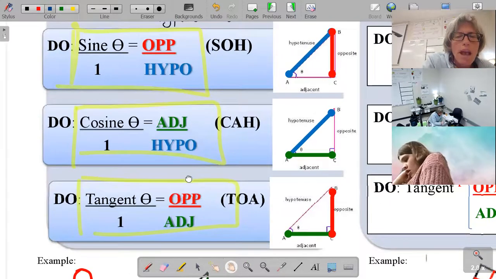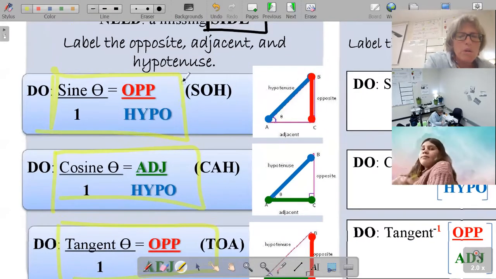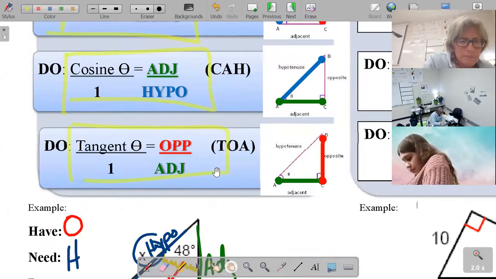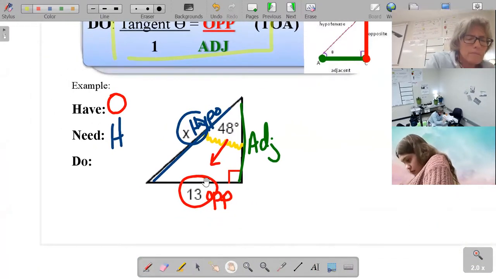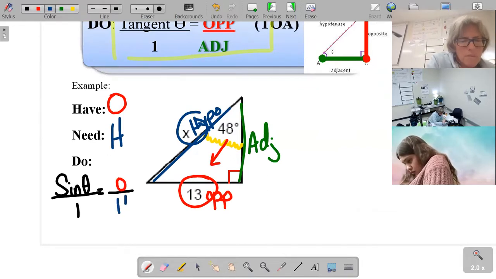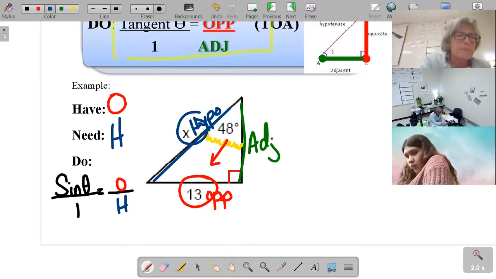We have an OH combo. OH goes with sine. You copy exactly that equation down.